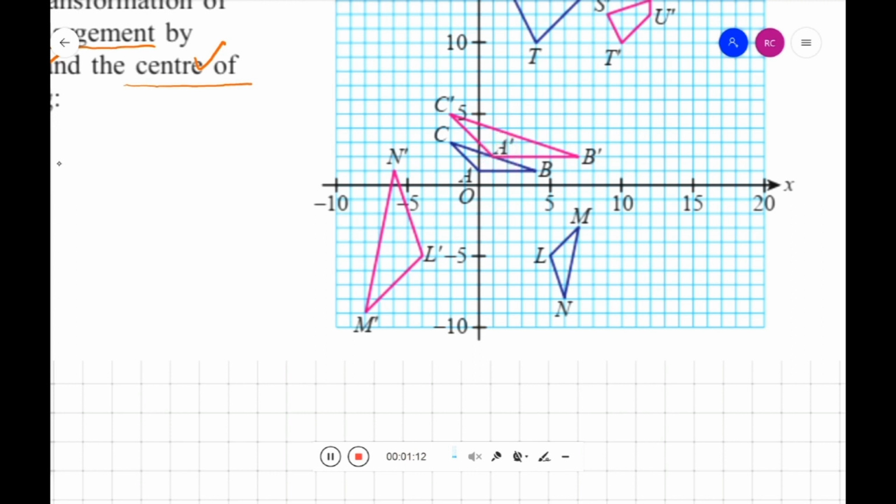Let me change it. So we use a different color. Okay, which one can find it easily? Okay, green. So this is 1, 2, 3, 4, 5, 6. 6 boxes, and then for A to B will be 1, 2, 3, 4.